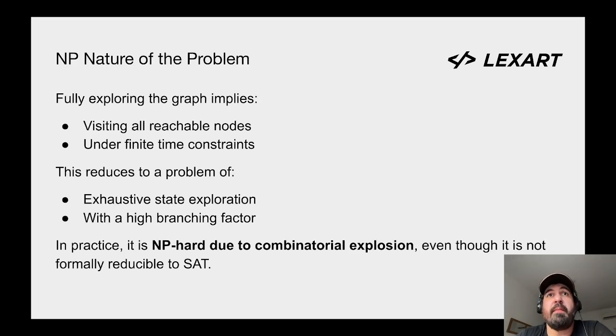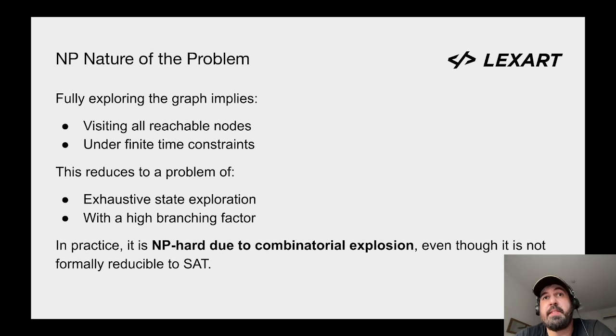This is an NP-type problem: fully exploring the graph implies visiting all reachable nodes under a finite time constraint. This reduces to a problem of exhaustive state exploration with a high branching factor. It is NP-hard due to combinatorial explosion, even though it is not formally reducible to SAT.